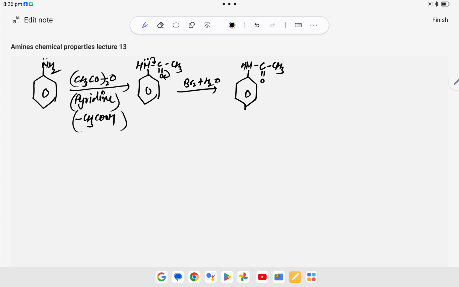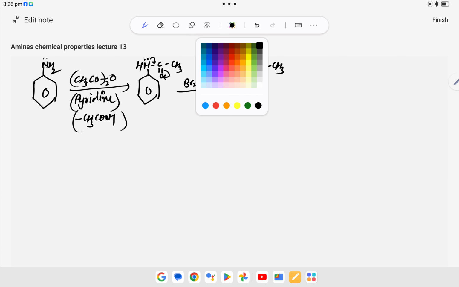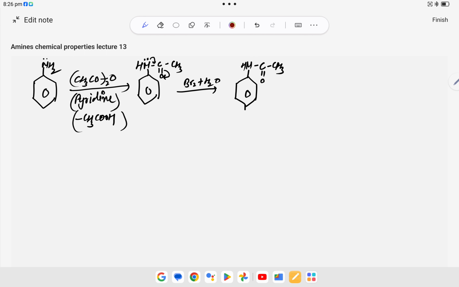Here the para compound will be formed, not ortho. Why not ortho? Because of steric hindrance, attachment at the ortho position is not possible, and para is symmetrical also. So that is why the para product is formed.